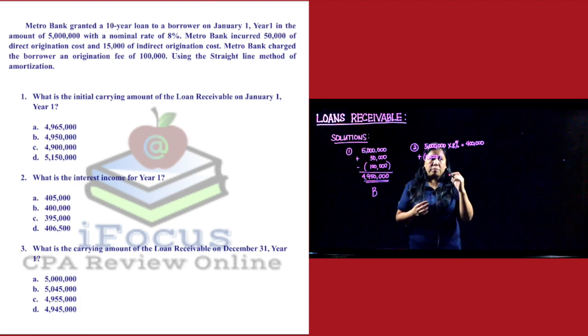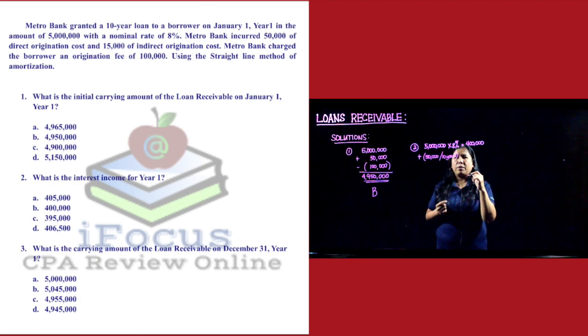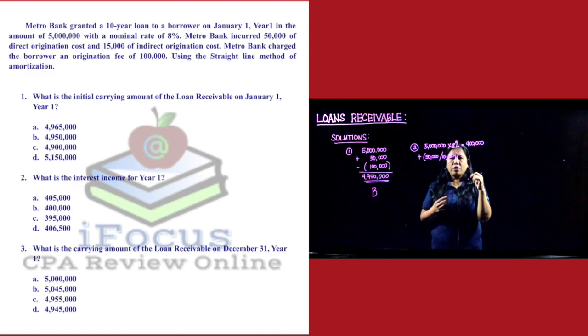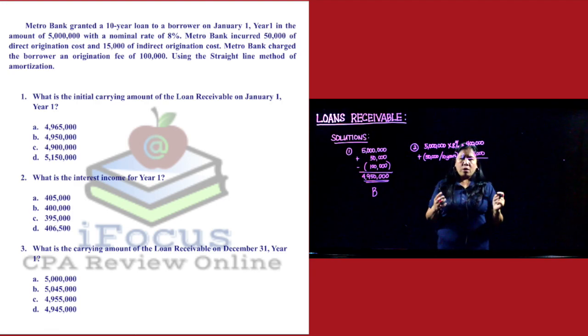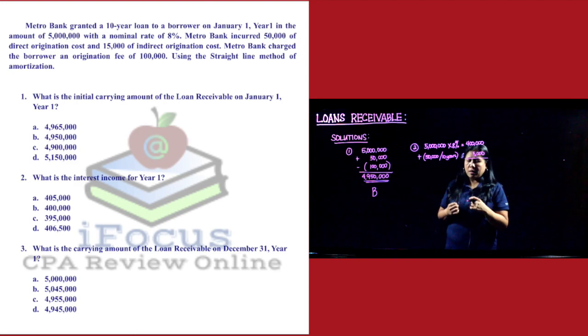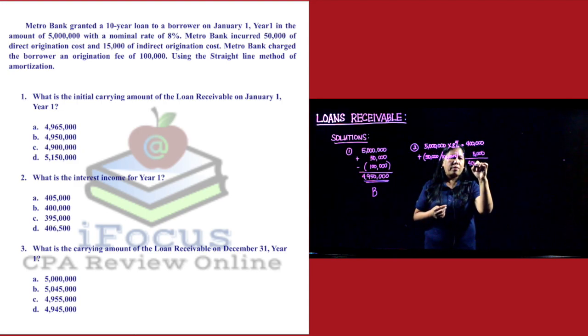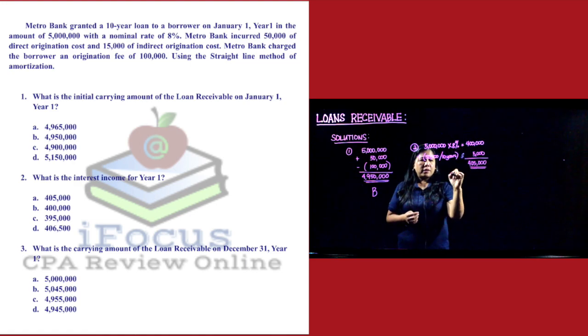On this problem, it's 10 years using the straight line method. So 50,000 divided by 10 years. Every year we will amortize 5,000, and we will add that. So the interest income for the year is 405,000. Your answer is letter A.